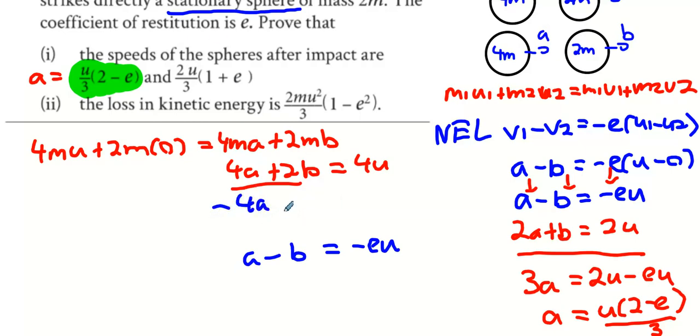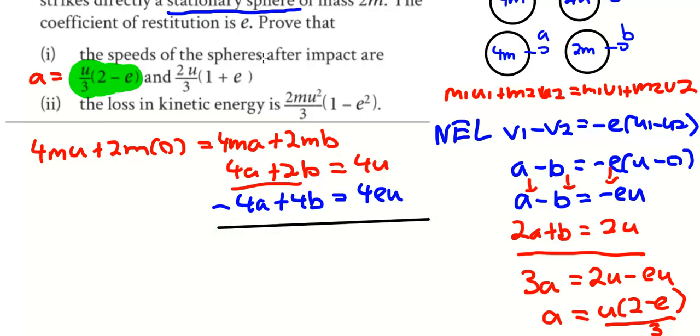Minus 4A plus 4B equals 4EU. You all good? Okay. Now what? Add downwards, and what do we get? 6B equals 4U plus 4EU.